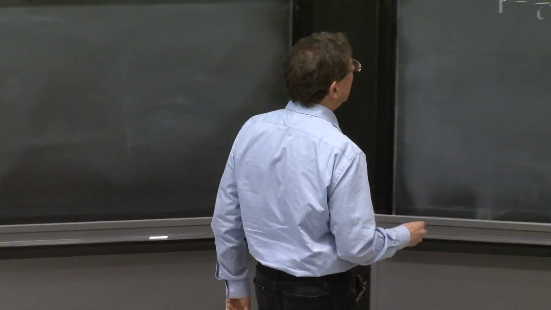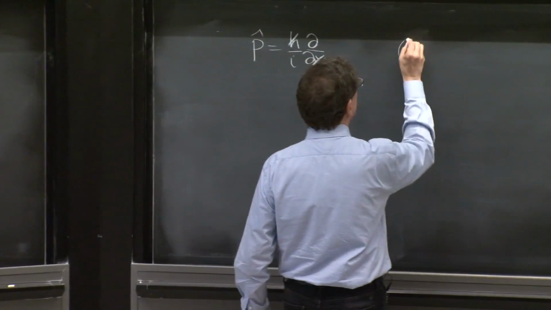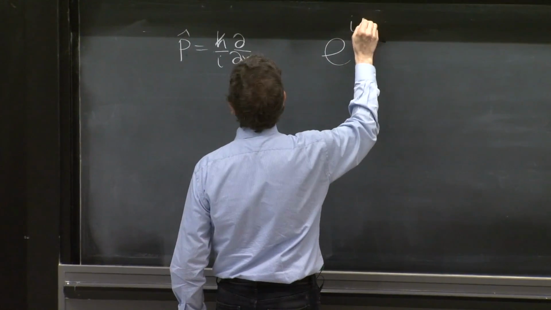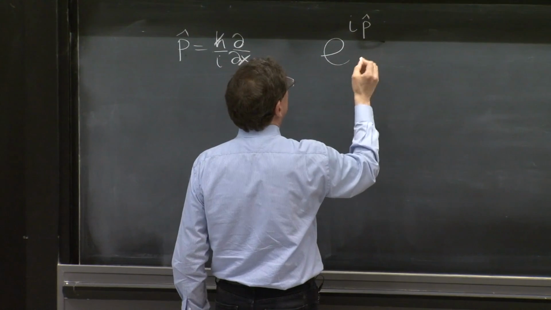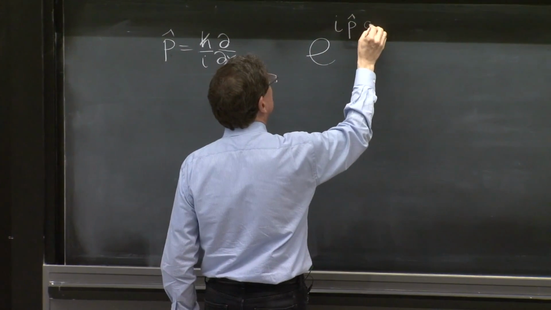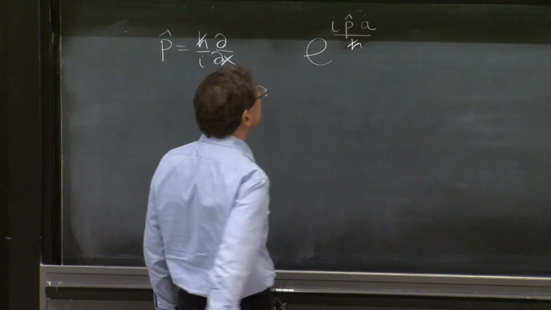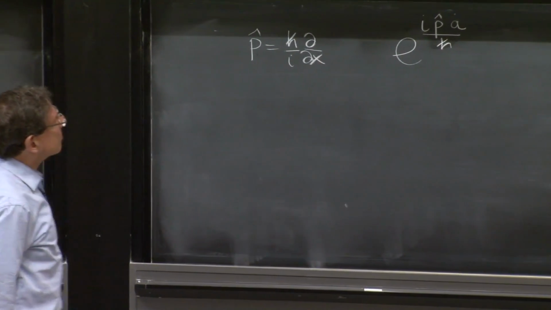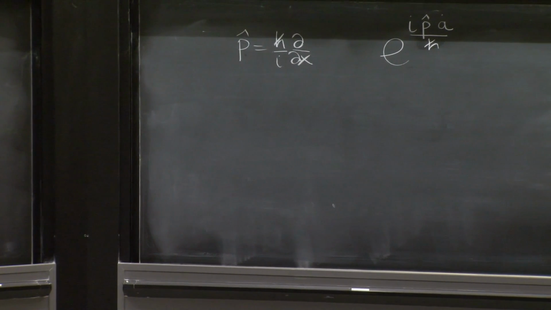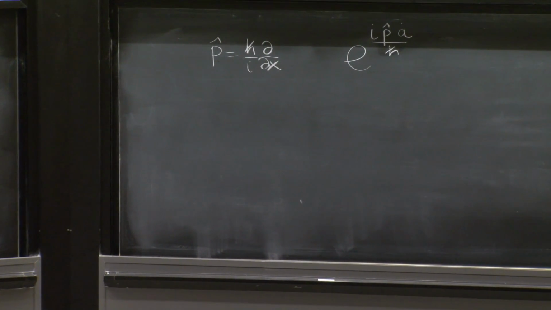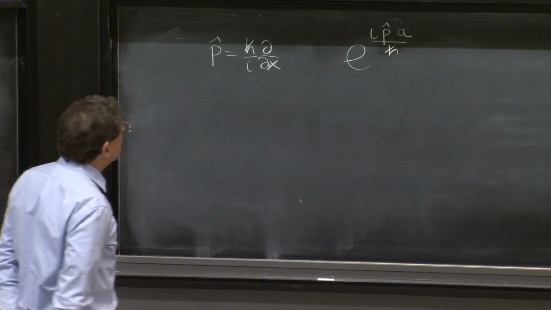So we could think of exponentiating e to the i p hat, and for purposes of units, I have to put a constant a with units of length and an h bar here. And now you have the exponential of an operator. That's a very interesting operator.